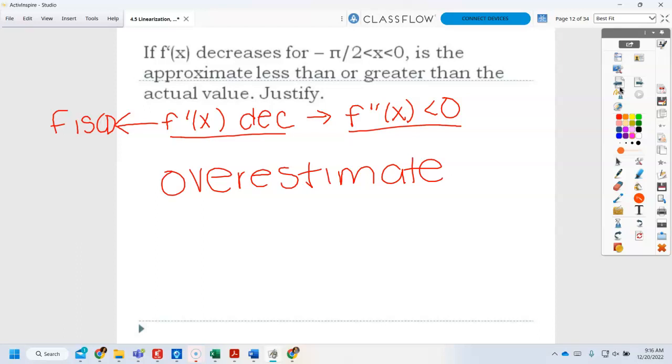Homework is going to be in the textbook. It is on, I believe, I put a note on here, 242. Let's confirm.